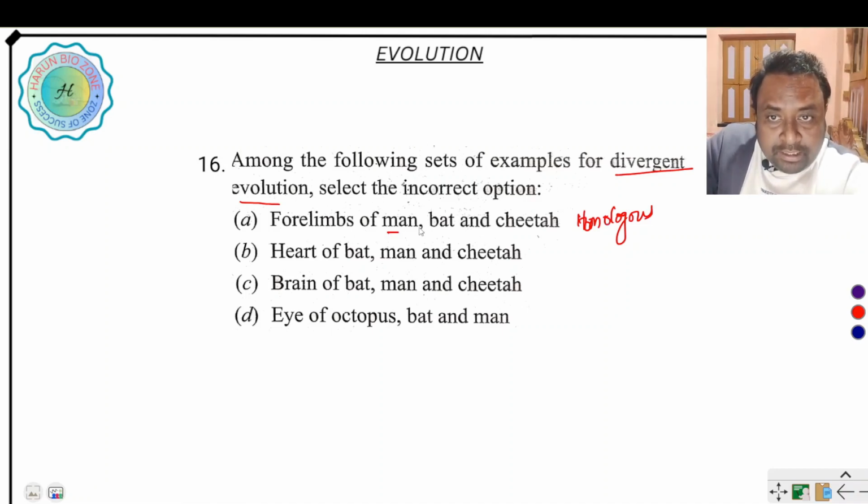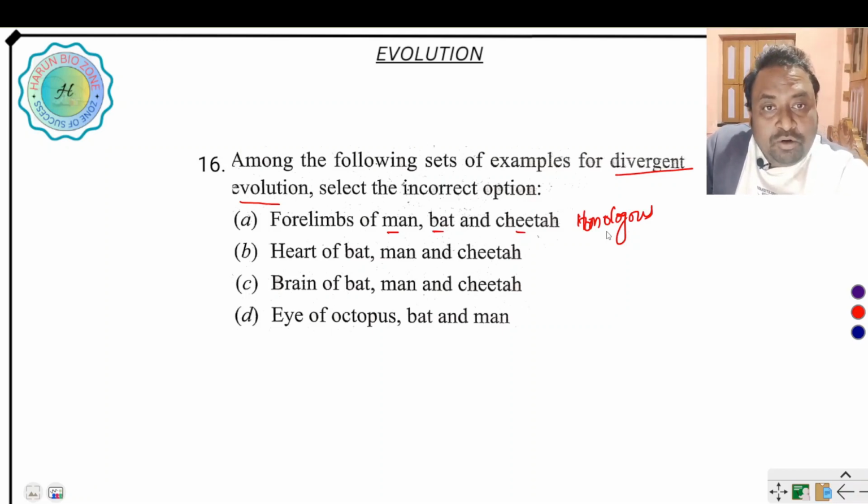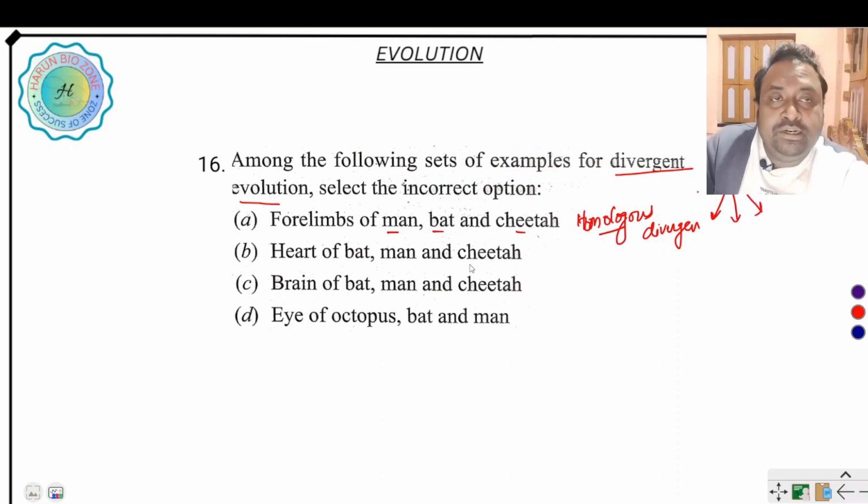Man for catching something, bat for flying and cheetah for running. Homologous organs show divergent evolution: anatomically they are the same but functionally they are different in different environments. That is called divergent evolution.